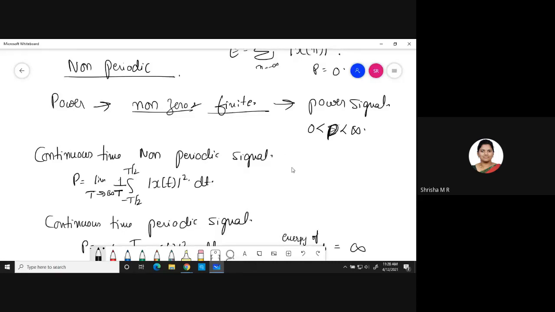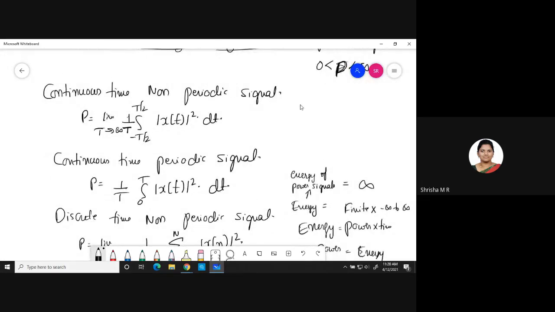So you have 2 types of signals, continuous and discrete time. We have power equations for both continuous time, discrete time, periodic signals and non-periodic signals. For continuous time non-periodic signals, P is equal to the limit as t tends to infinity of 1 by t integral from minus t by 2 to t by 2 of x of t whole square into dt.